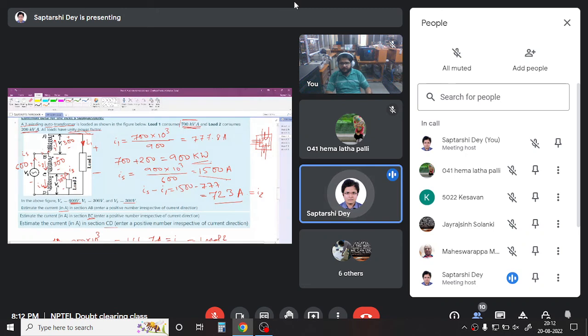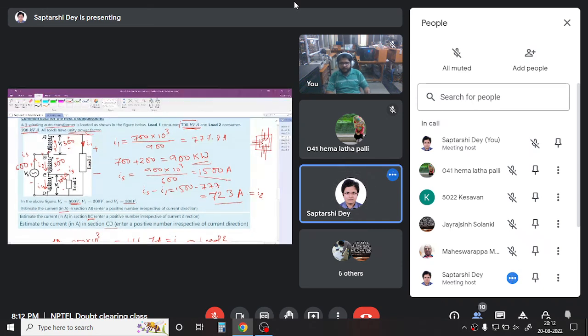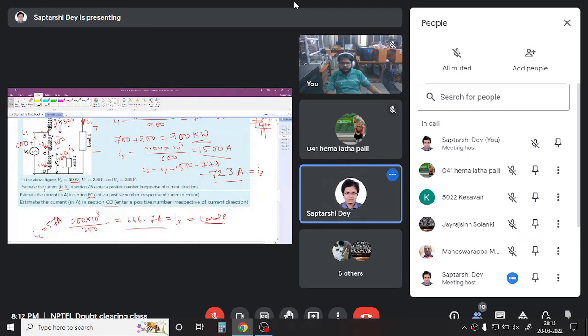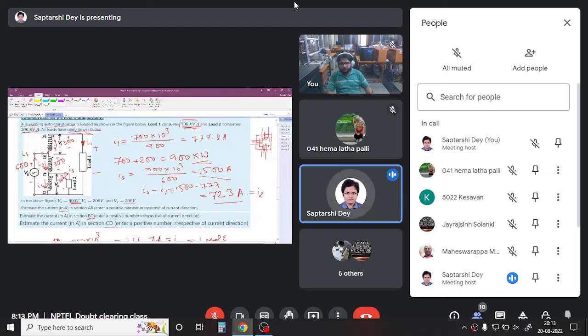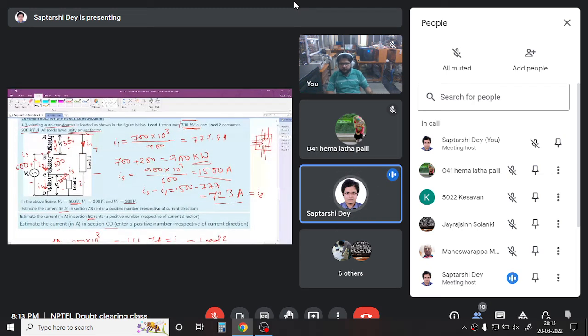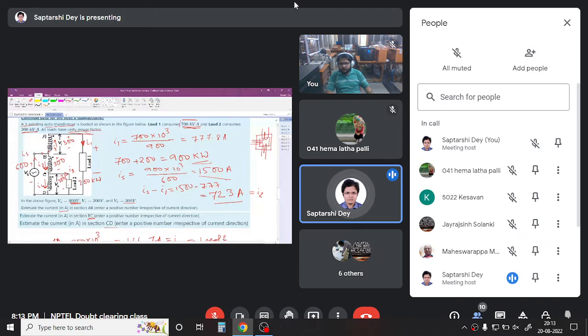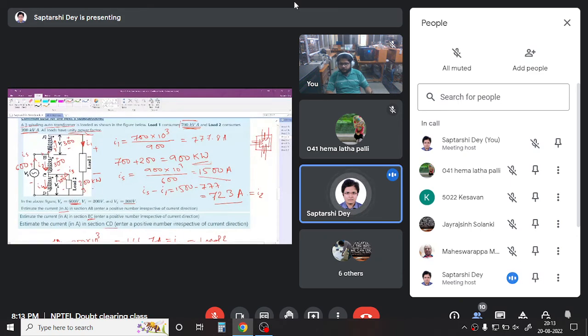And then it is nothing but KCL. So this current we found out. So 1500 minus this I1, the load 1 current, will give me the I2. And in the load 2 also, we know the load 2 power, which is 200 kilowatt. We know the load 2 voltage, so it is 300 volts.